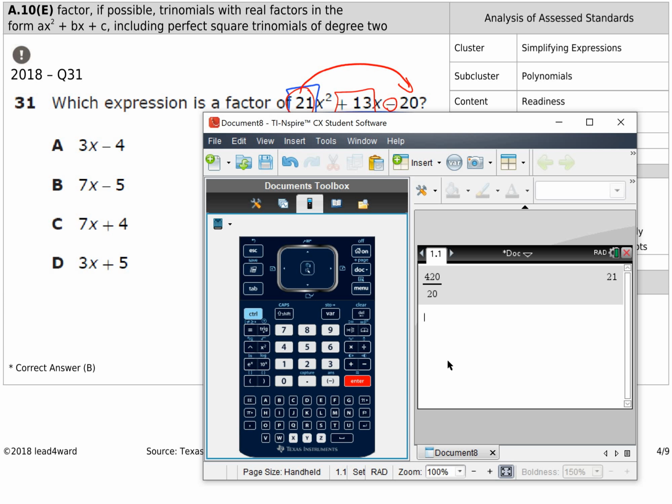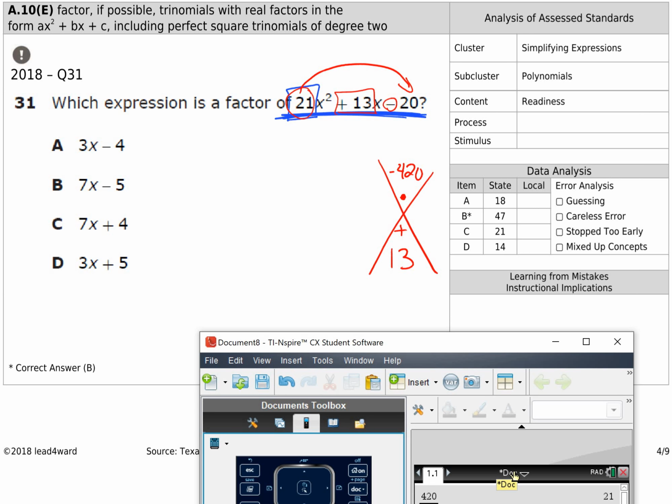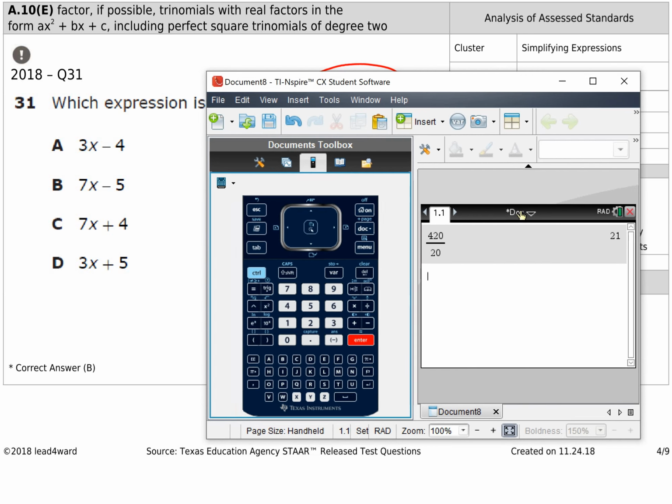Well, we know that's what we multiply to get it, so 20 and 21 would of course be factors, but 20 and 21 only have a difference of 1. We're looking for a difference of 13, so that won't work. So we need numbers that are further apart. You could just keep going up and down the list from 20 to 19, but you get a sense of which numbers would work, which numbers wouldn't work.